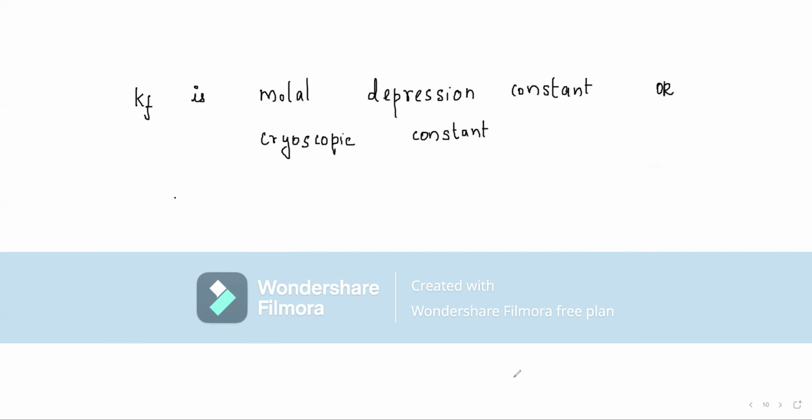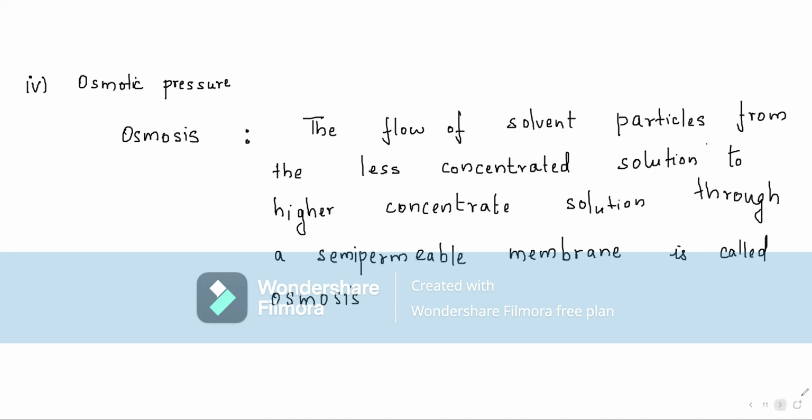What is KF? KF is called the molal depression constant or cryoscopic constant. Even the KF value will be given to you, with the unit.